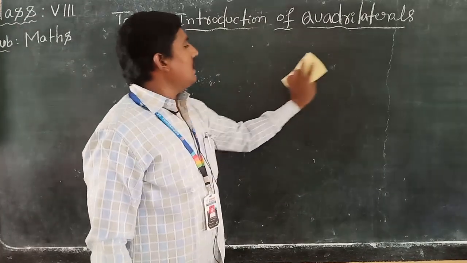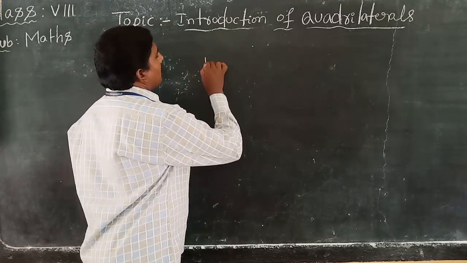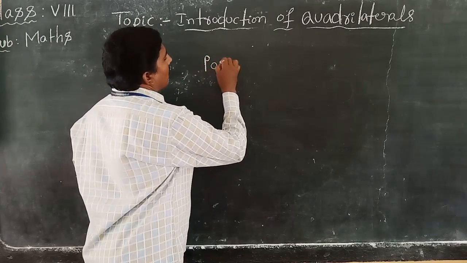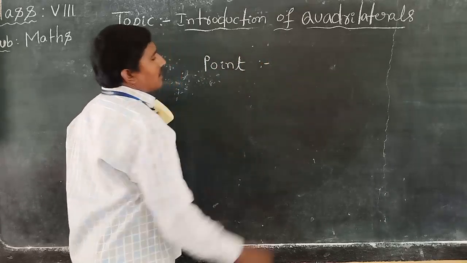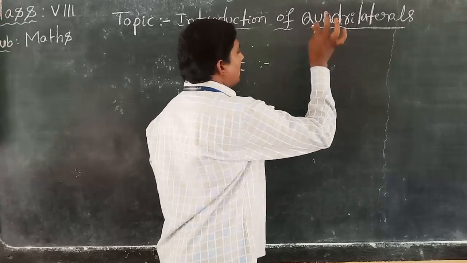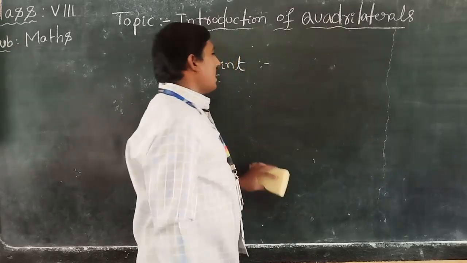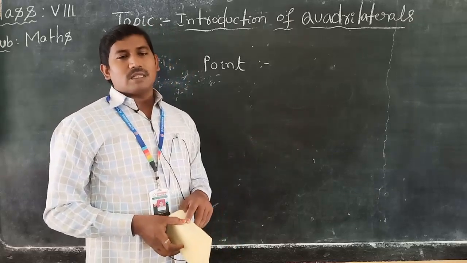And see, we'll discuss here. First of all, the point. A point is nothing but a dot. Take a pencil or pen and put one dot; that is called a point. A point has no length, no breadth, no height.